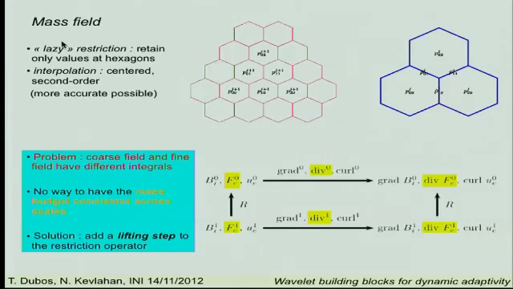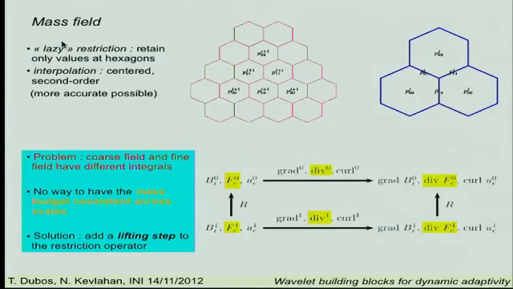So if we want to conserve mass, we need this commutation diagram, which we had essentially for free in AMR. So I would like that when I compute some divergence and I restrict to the coarse grid, this should be the divergence of something.